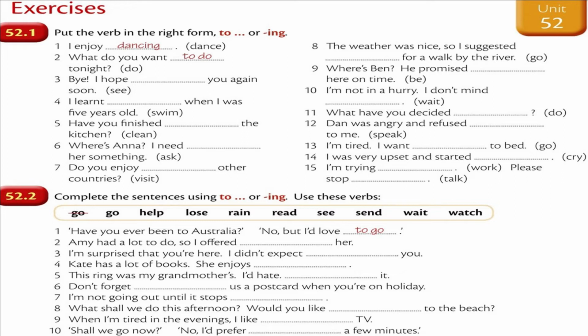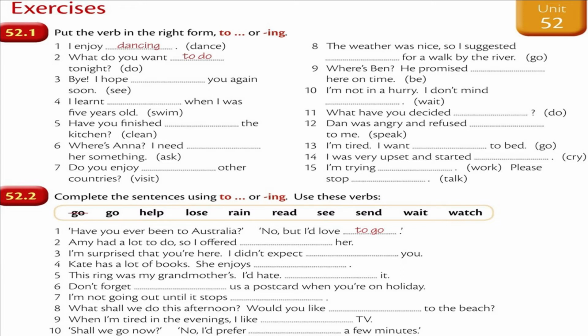Number 1. Have you ever been to Australia? No, but I would love to go. Number 2. Amy had a lot to do, so I offered to help her. Number 3. I am surprised that you are here. I didn't expect to see you.